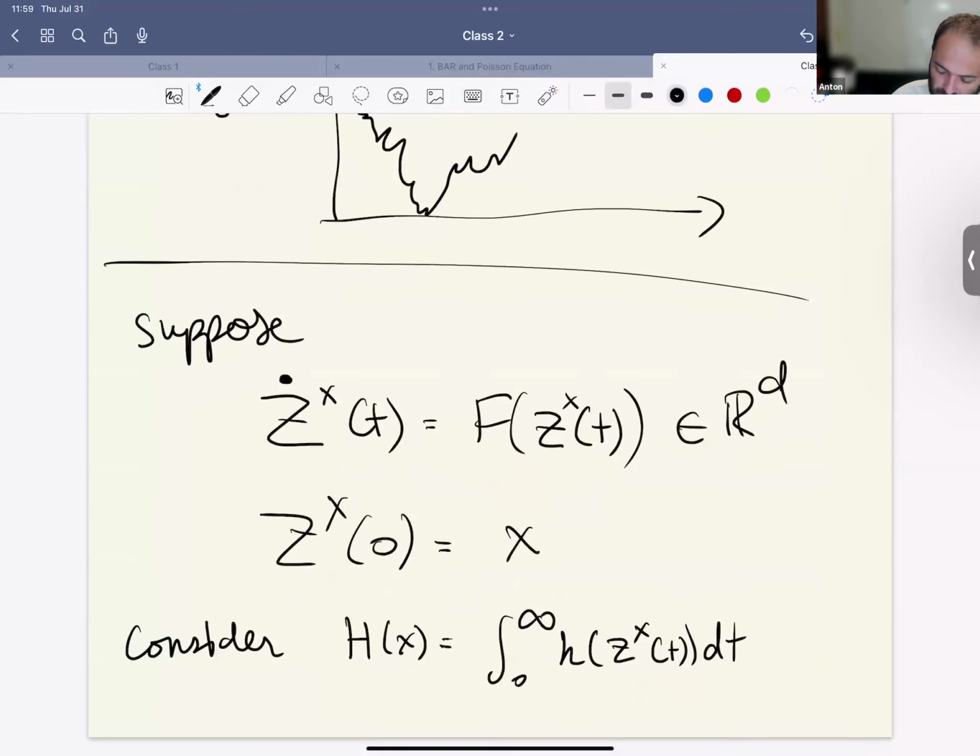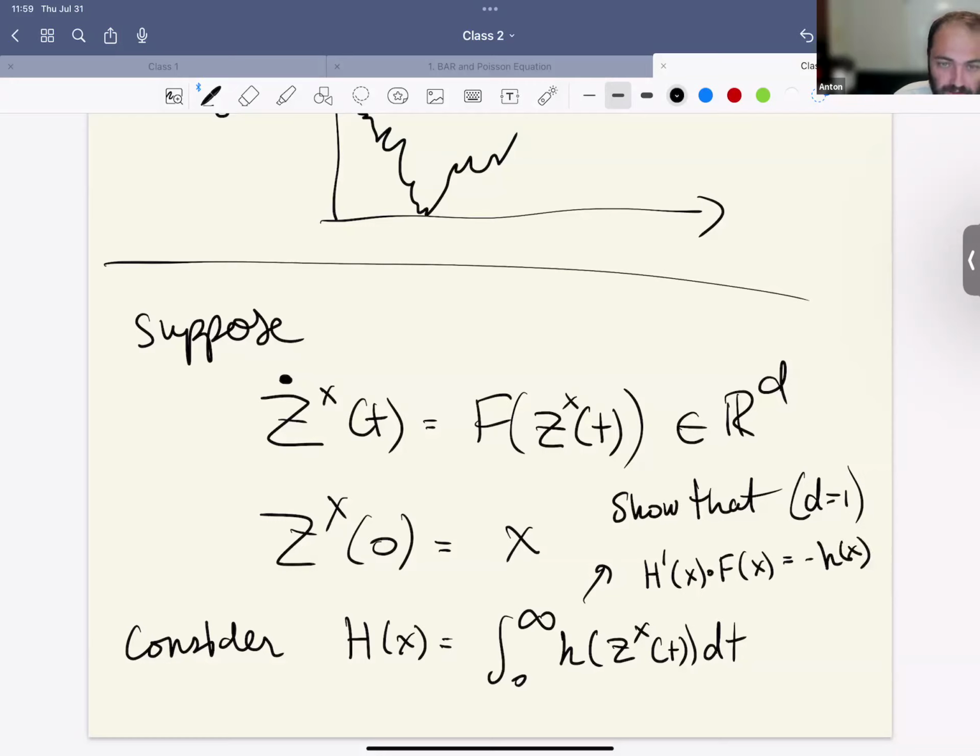Show that, let's say in d equals 1, h prime of x times f of x equals negative h of x. Okay.